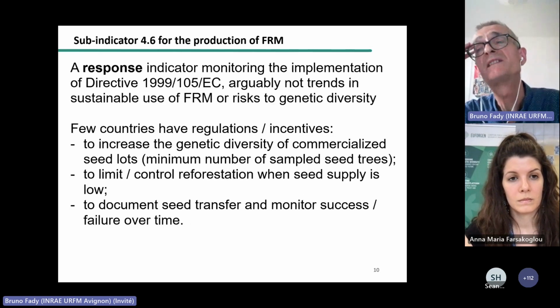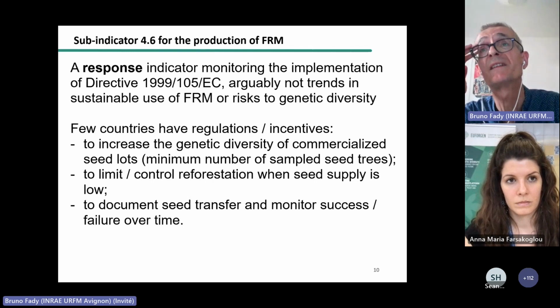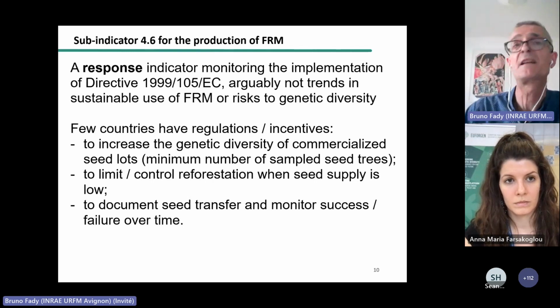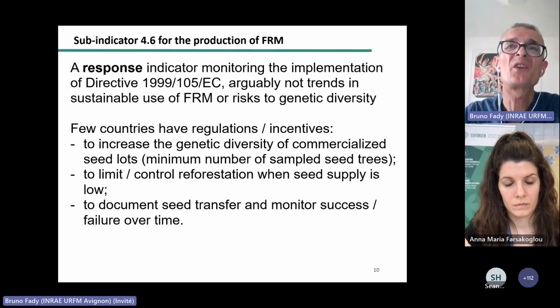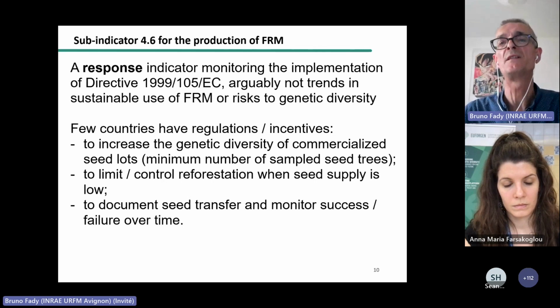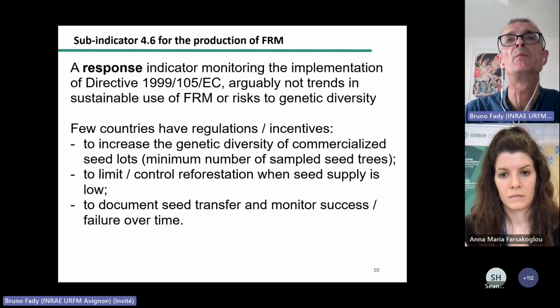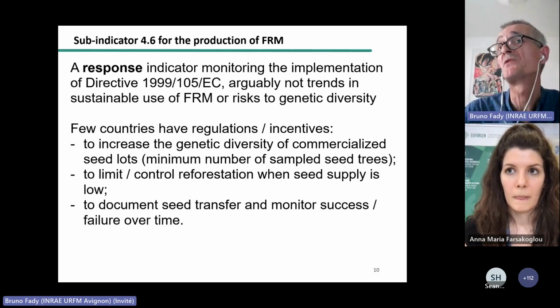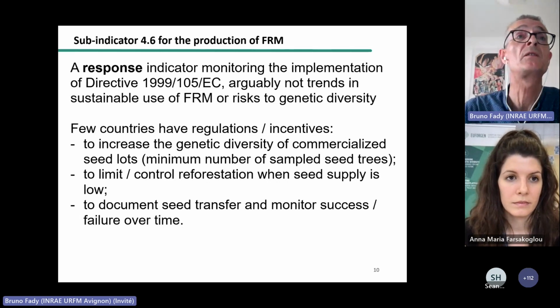And arguably, it's not really a way to assess any trends at all in the sustainable use of reproductive material or any risk to its genetic diversity. Actually, this indicator is not really operational for monitoring genetic diversity trends. It's an indicator that's operational for monitoring compliance to law and legal requirements. Actually, few countries have regulations on how they use their forest reproductive material.